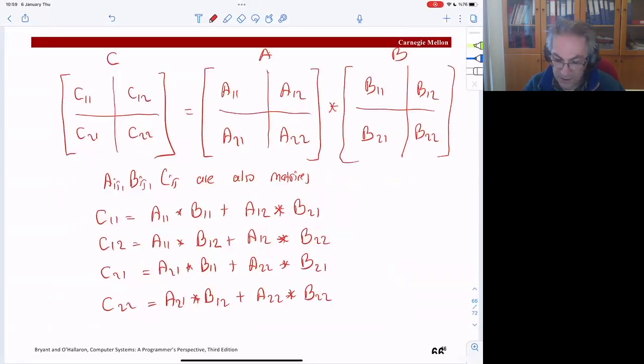Now, for this, again, you're taking linear algebra, right? In that case, if I have C, A, and B, one of the tricks that they've shown you is if you have a matrix like this, you can actually split this into sub-matrices.